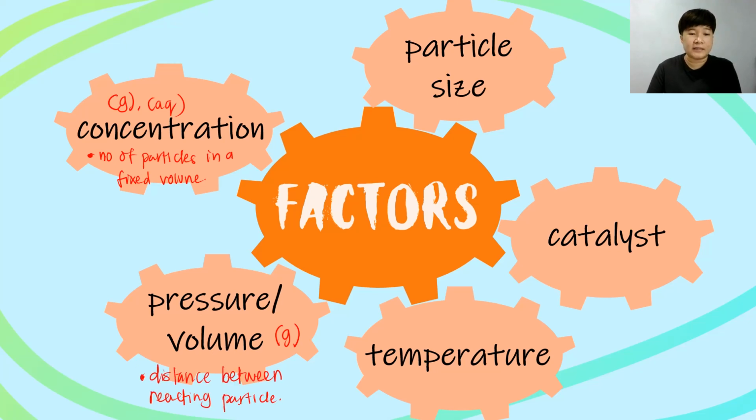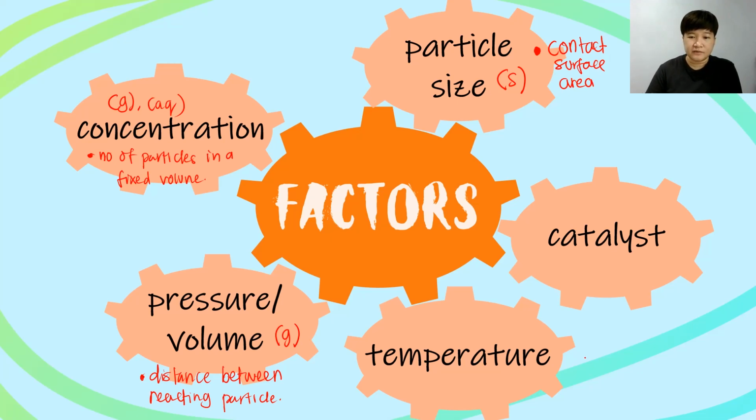We'll talk about whether the reacting particles are moving closer due to the high pressure, or moving further away because of the low pressure. Then we move on to particle size. Particle size only applies to solids, and the good friend of particle size is only one guy: contact surface area.